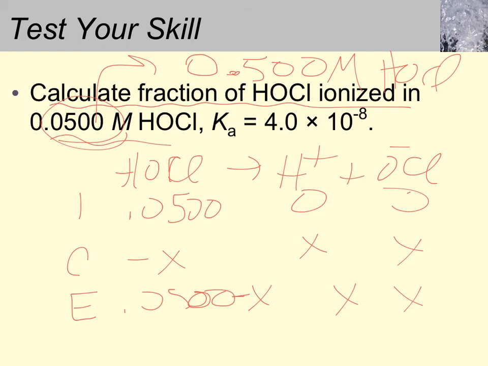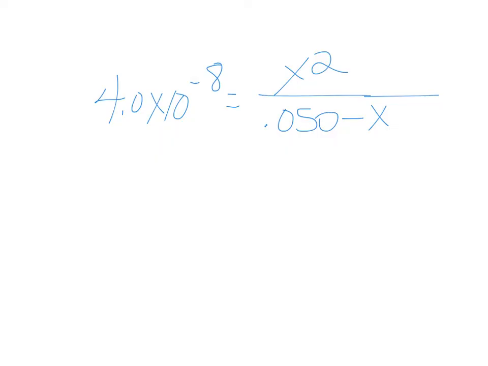Alrighty. So I'm going to zip through it faster. We can neglect X. We've already established that with this Ka value that's so small. And so I'm going to go ahead and open up another page and plug into the Ka expression and solve for X. Alrighty, so we're going to go ahead and neglect X again.